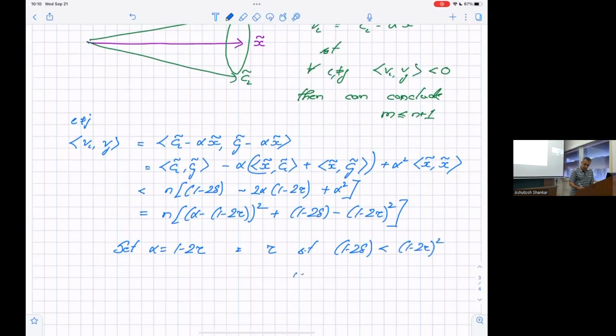That is, tau is less than half of 1 minus the square root of 1 minus 2 delta. If tau was this number, then we are done. Okay, that's the end of it.